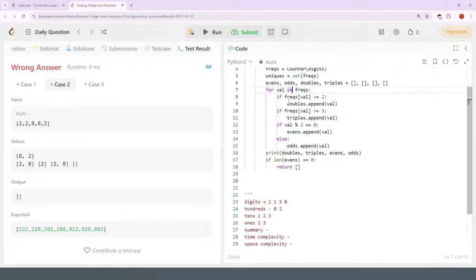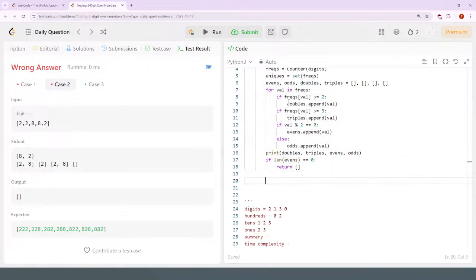Let's see. If I were to do all the possibilities, so for every unique combination, I could go through and do unique combinations.